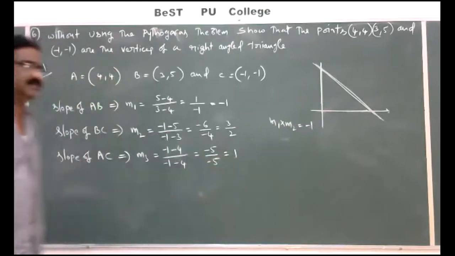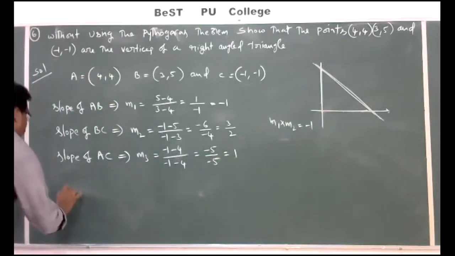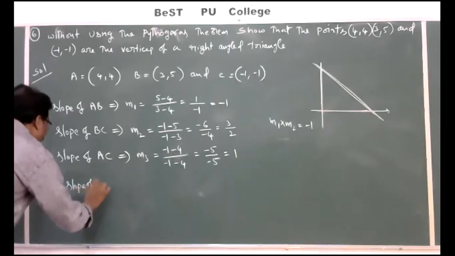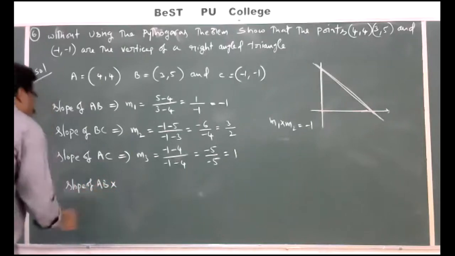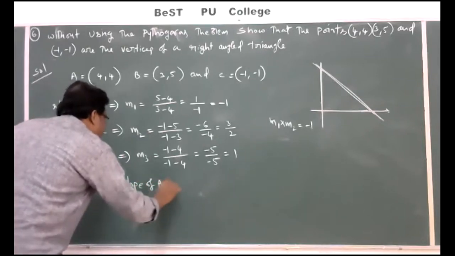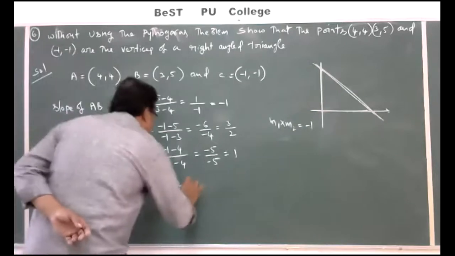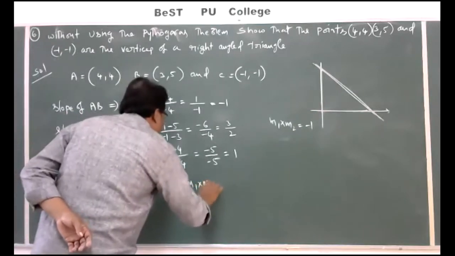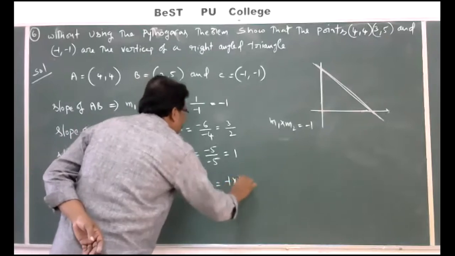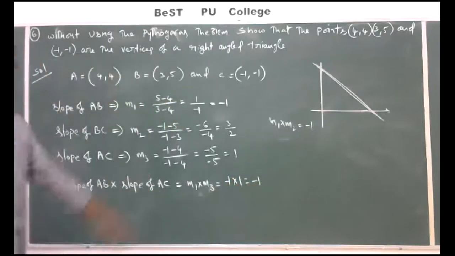Observe this. Slope of AB into slope of AC, that is m1 into m3, is equal to -1 into 1, which is equal to -1.